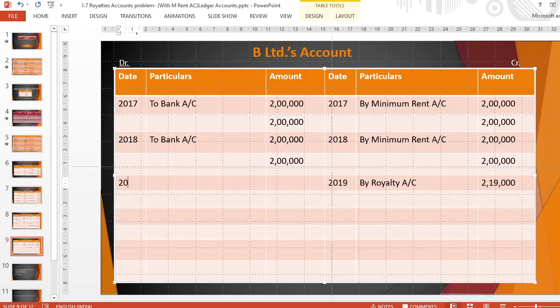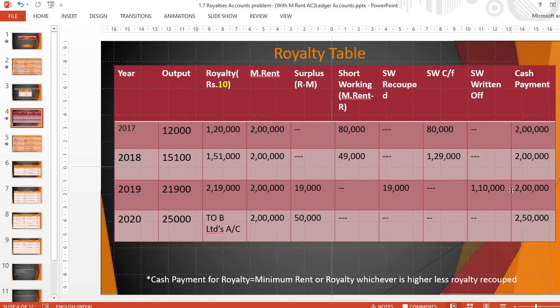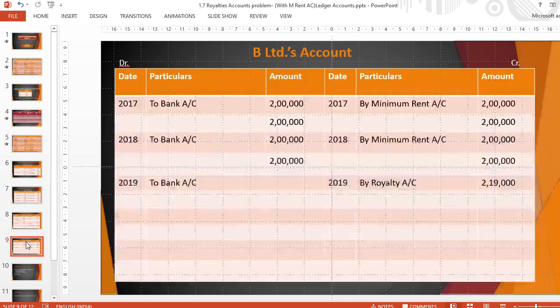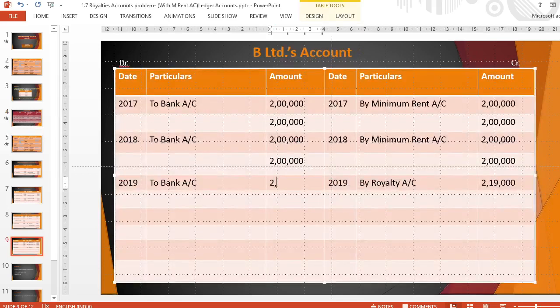Again, in the year 2019, for the final payment, lessor's account debit to bank account. So to bank account I need to put the amount. In the third year, the final payment was 2 lakh, so I'll write 2 lakh rupees. Here you can see royalty was 2 lakh 19,000, out of which we have paid 2 lakh, and the remaining 19,000 is a balance. This amount is short working recoupment.